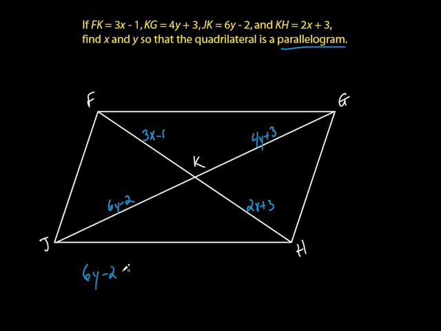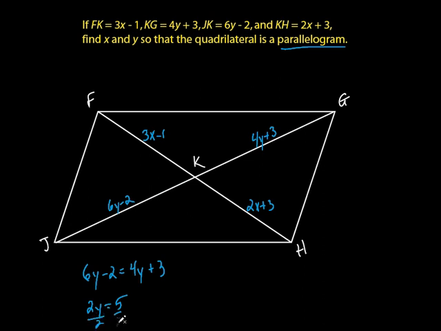So 6y minus 2 will equal 4y plus 3. Subtract 4y from both sides, you get 2y minus 2 equals 3, and you add 2, and you get 5. Oh yeah, I'm sorry. I was looking at a different problem. I was like, this is not coming out the way it should, but I just saw the wrong problem.